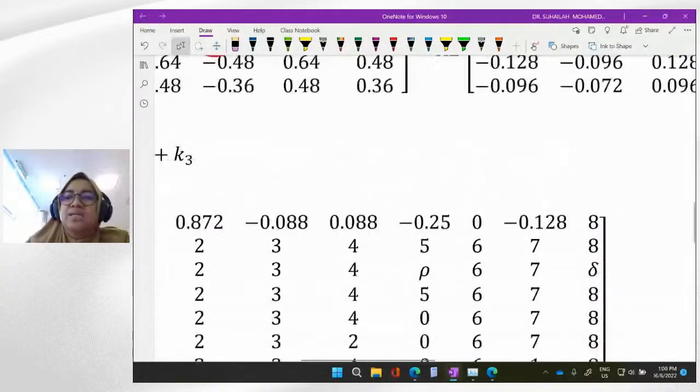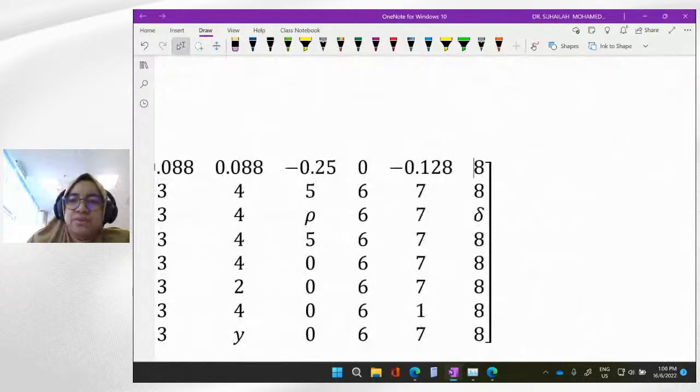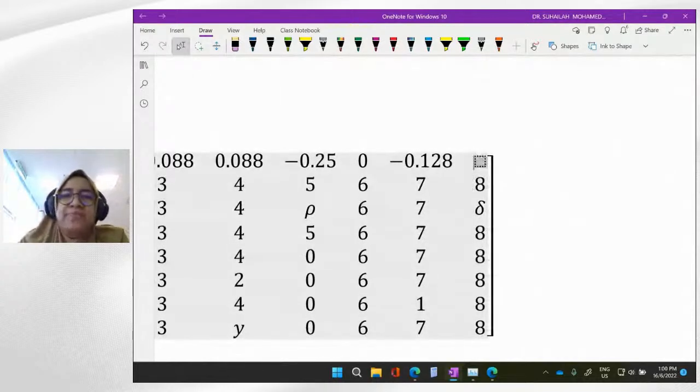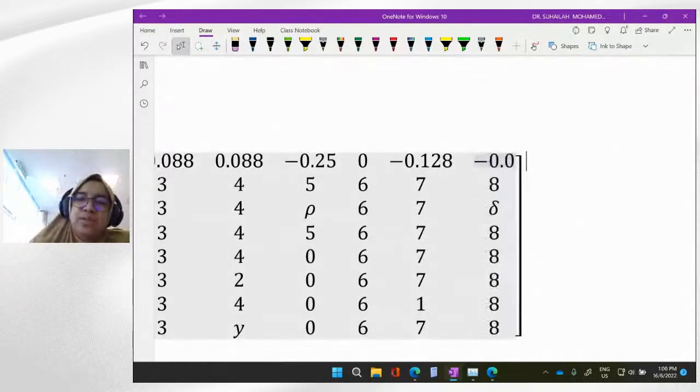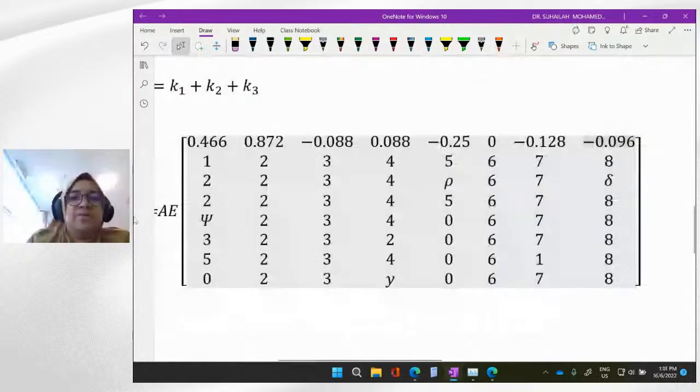Okay, and put the total in the structure stiffness matrix. So this one is negative 0.096. And again, this is a symmetry matrix. Symmetry matrix means line equal to row.